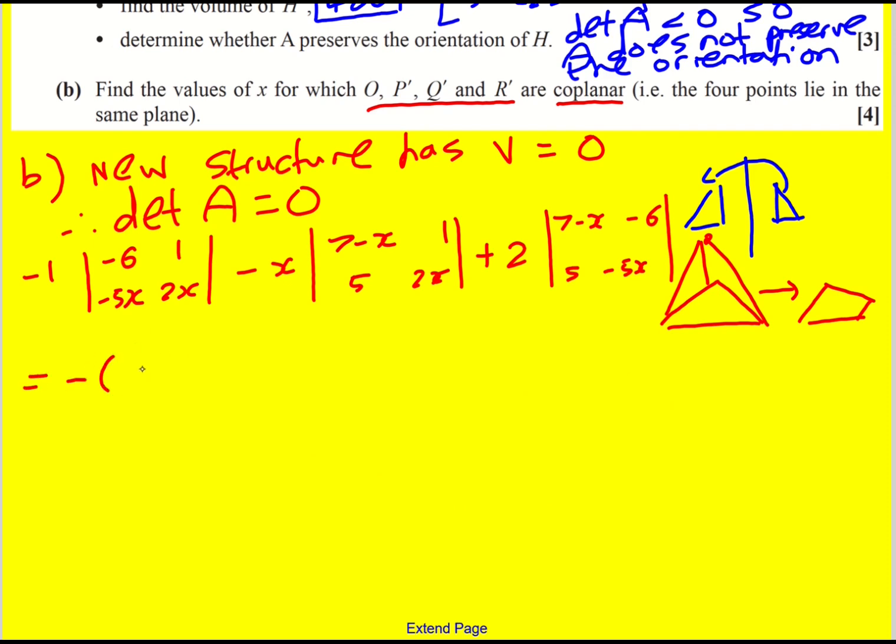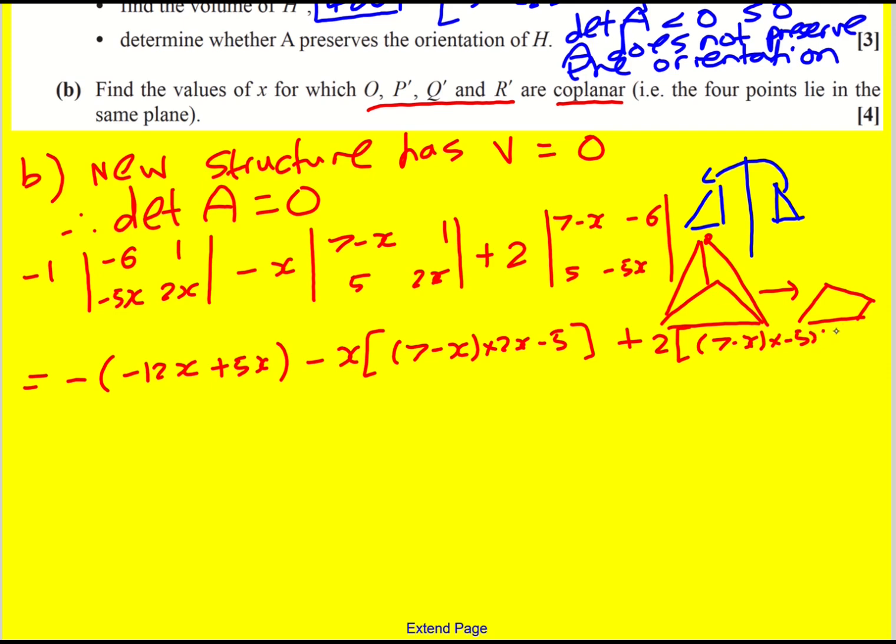This gives minus 12x minus 5x, that's plus 5x, minus x times 7 minus x times 2x minus 5, plus 2, 7 minus x times minus 5x, then minus 30, so that's plus 30.